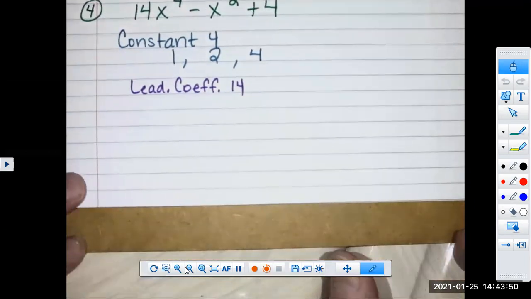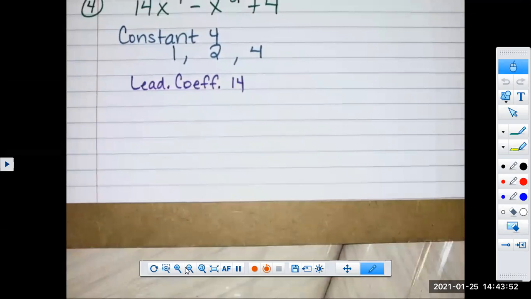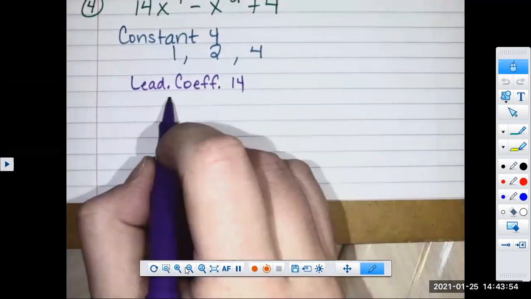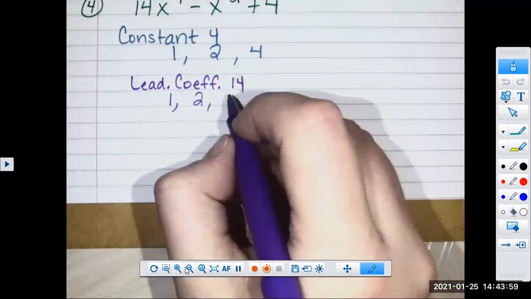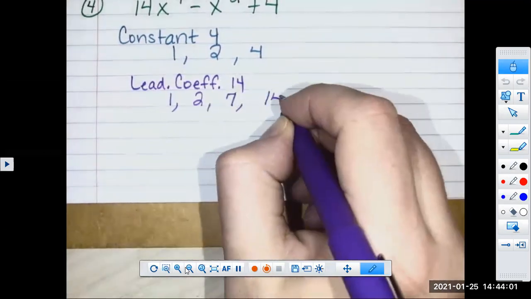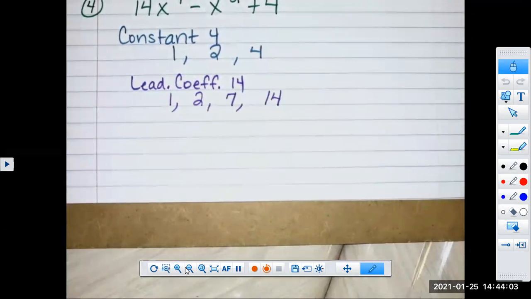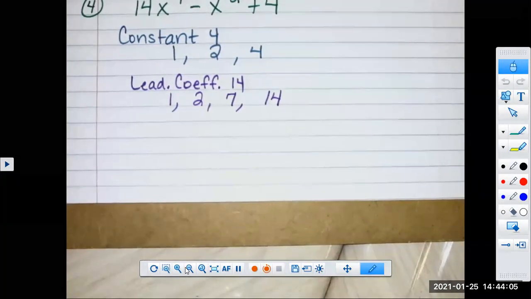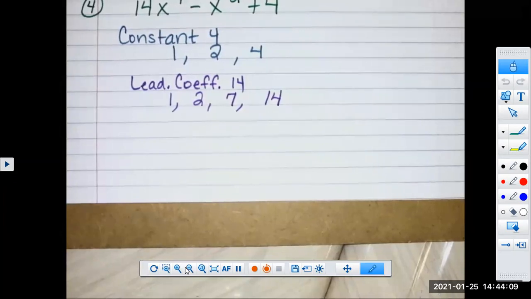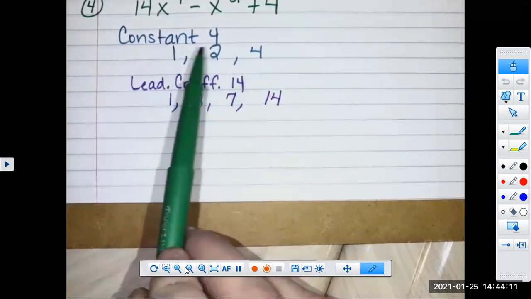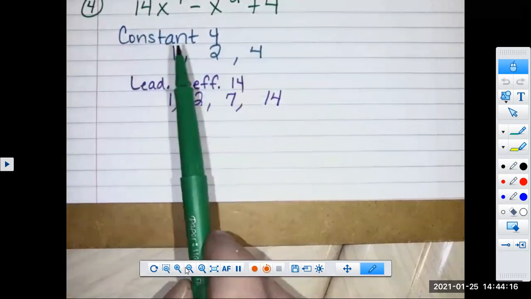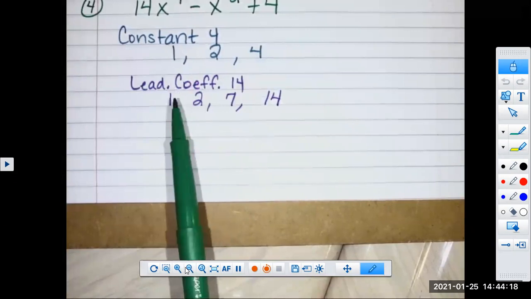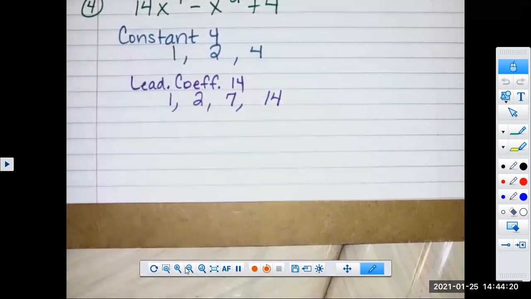What are the factors of 14? 1, 2, 7, and 14. Okay, now you take every factor of your constant, 1, 2, and 4, and you have to set each one over every single one of these factors of your leading coefficient.